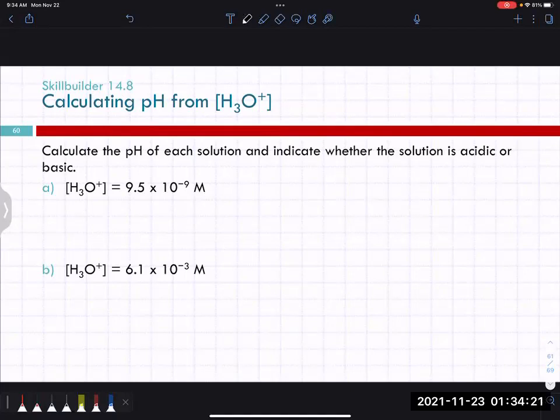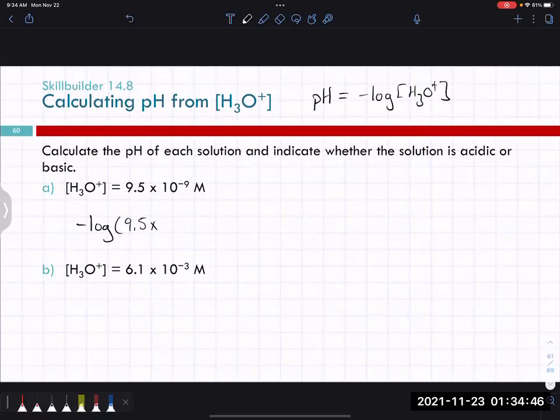Very quickly, let's do these actual pH calculations now. So we want to calculate the pH of this solution. pH is equal to negative log of the H3O plus concentration. So negative log of 9.5 times 10 to the negative 9.